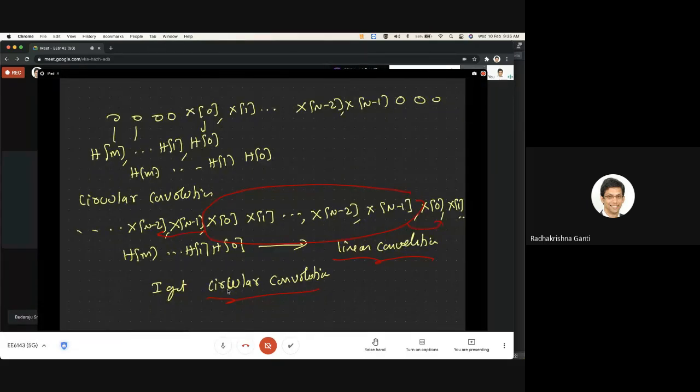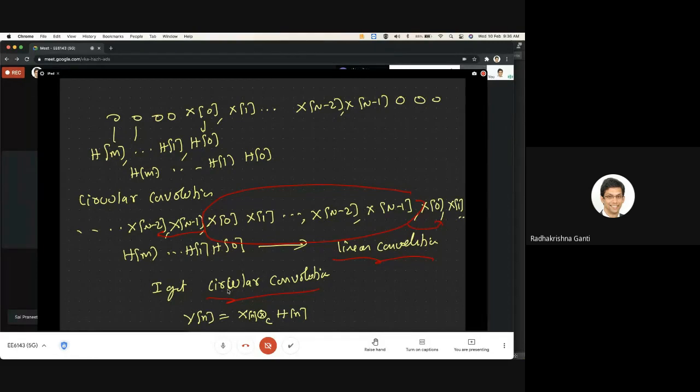Circular convolution is the same as linear convolution, except that you repeat one of the sequences in the front and the back. I am going to denote the circular convolution of two sequences as x of n circularly convoluted with h of n. This is equal to my y of n.